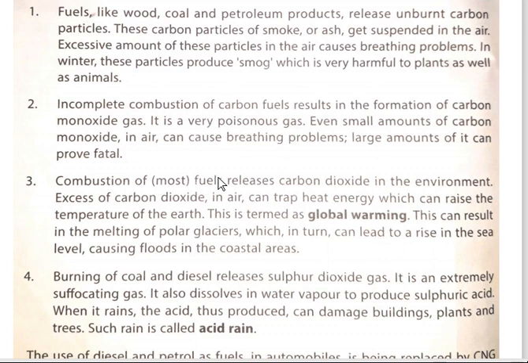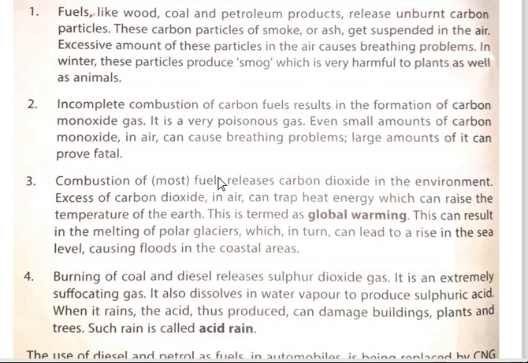Third one is the combustion of fuel releases carbon dioxide in the environment, and that excess carbon dioxide also causes a lot of problems because it raises the temperature of the environment, causing global warming. That global warming will result in the melting of ice present in the polar regions, which will result in the rise of water level of seas and oceans and will cause a lot of problems for coastal area people.